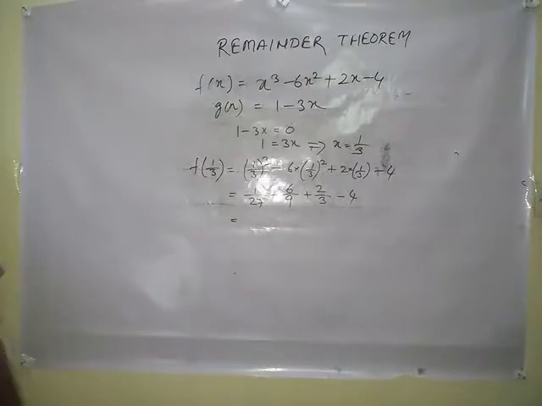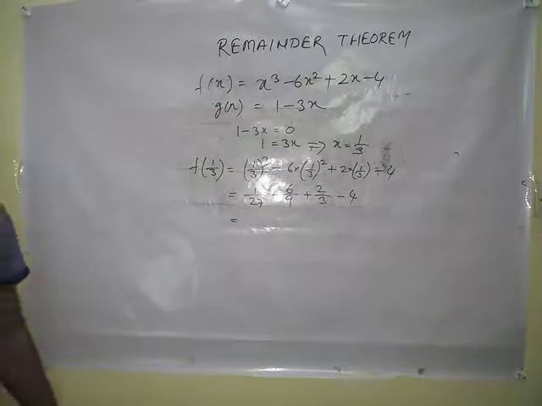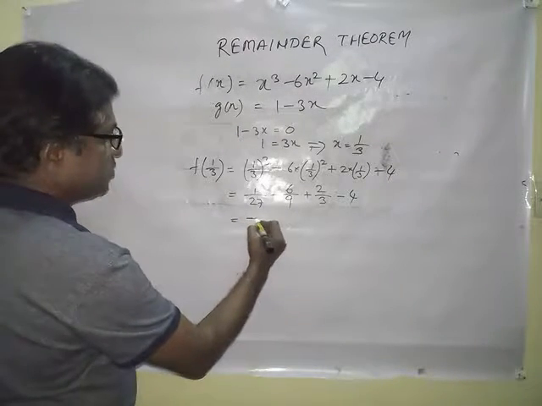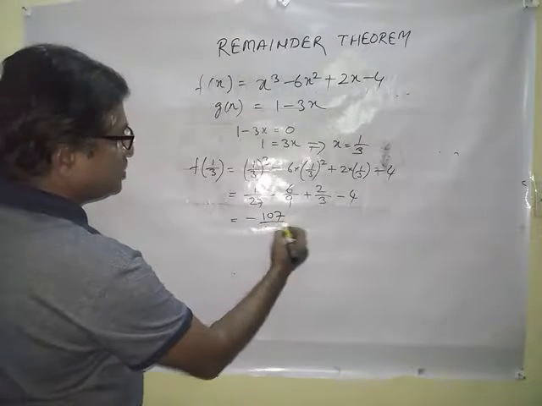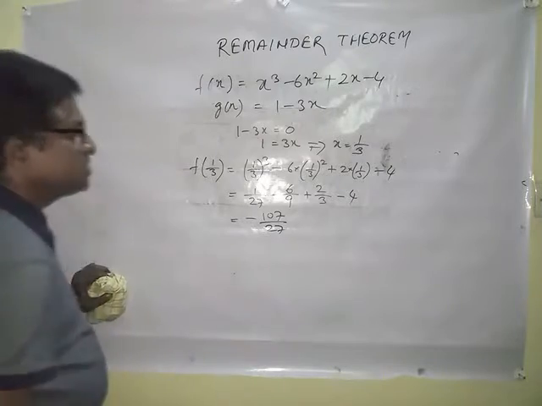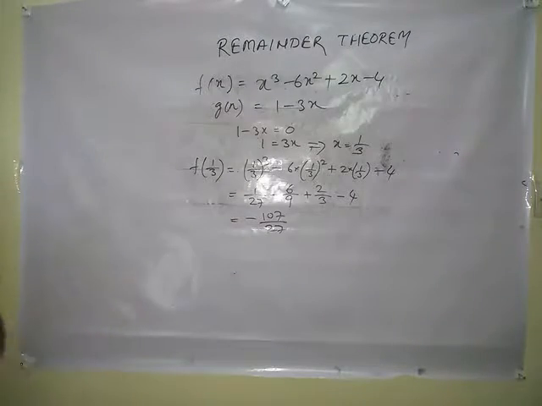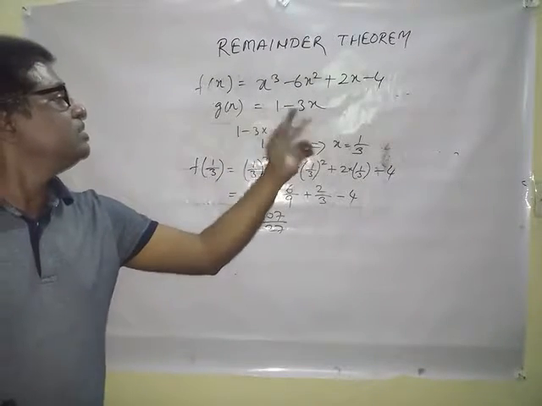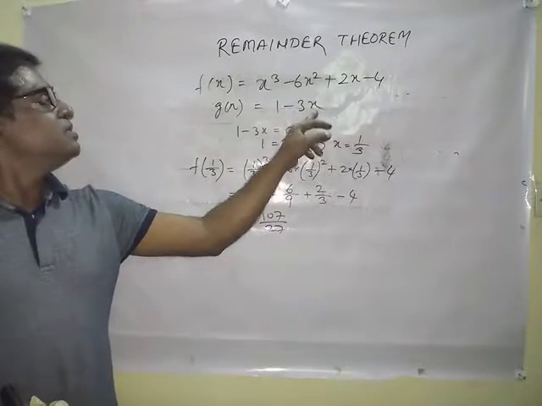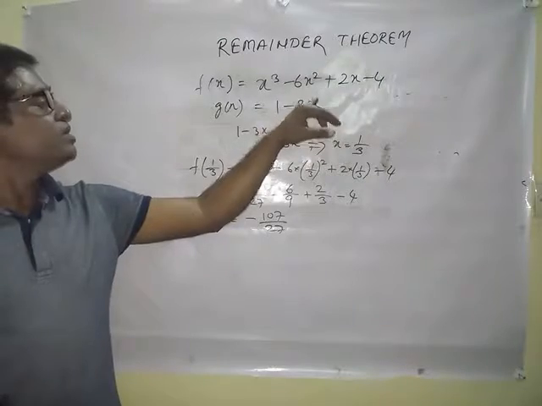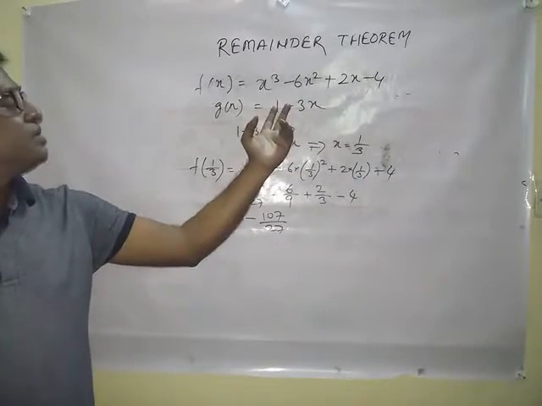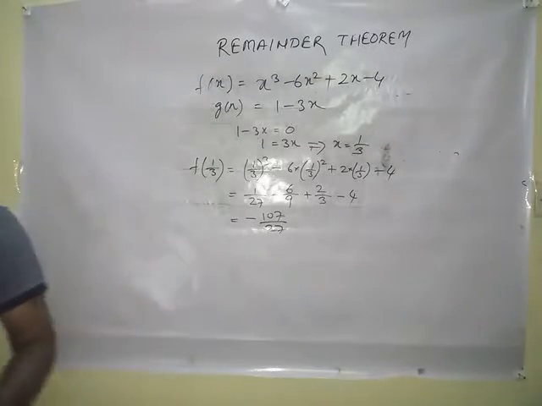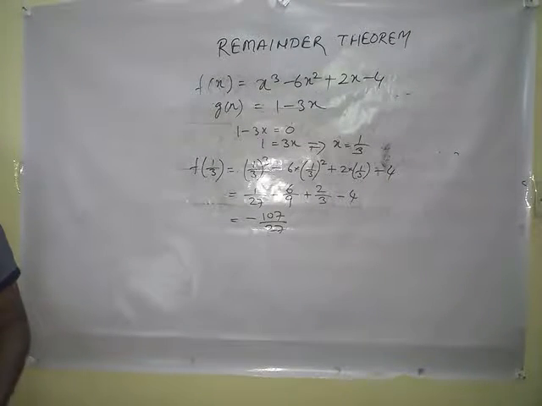I am not going into detail. When you solve this, you will get the answer −107/27. So that is the remainder. Here the little twist is that they have changed the variable term in the divisor. Instead of placing it at the first term, they placed it at the second term. This does not make much of a difference.